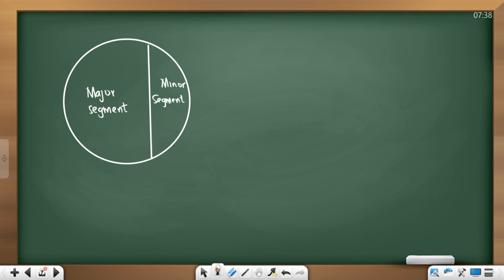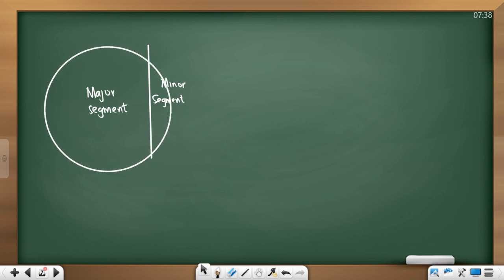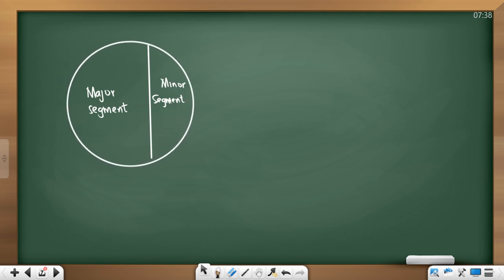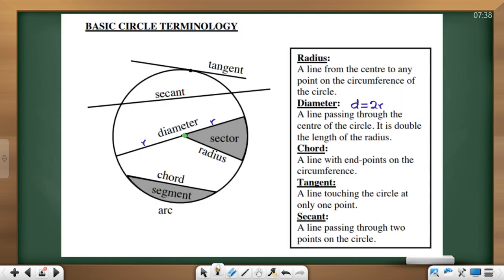So a chord will divide a circle into 2, a major segment and a minor segment. Please don't forget that this is a chord. We're going to need that knowledge as we go on.